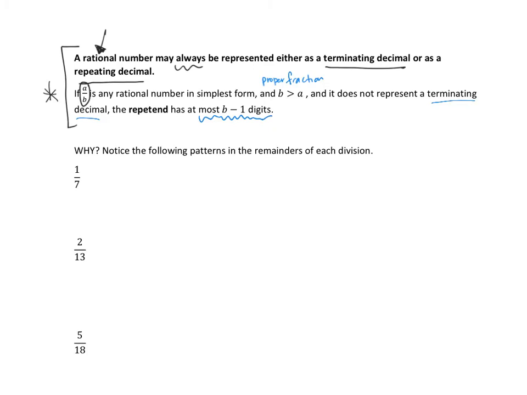So the repeated section cannot be bigger than what the denominator is. So if we look at this fraction 1/7, what we're saying is that the repetend will not have more than 7 minus 1 digits, so 6 digits. So let's see if that ends up working out to be true and why that will happen.